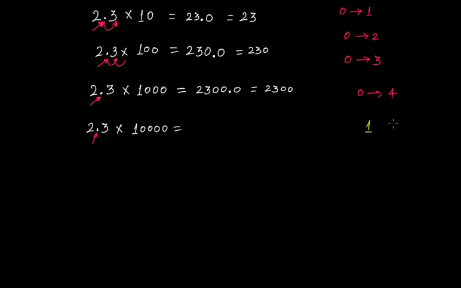It means that you'll place 3 zeros after 3. So 2, 3, right? You have to place 3 zeros, 1, 2 and 3. So your decimal point was supposed to move after the 4th digit. So 1, 2, 3 and 4, point here. It can be written as 23,000.